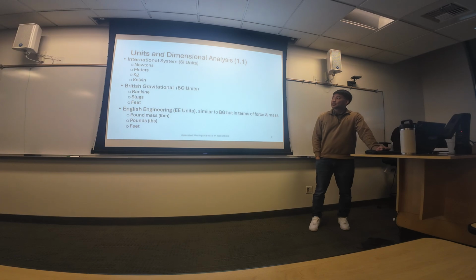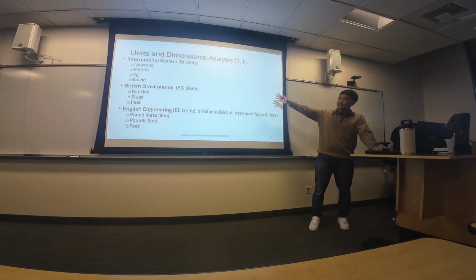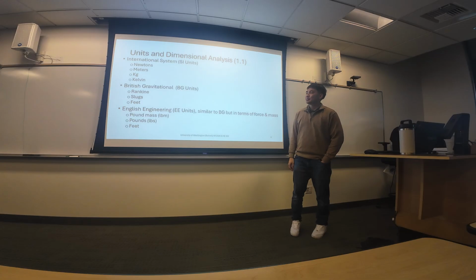Okay, so units and dimensional analysis. I'm not going to go through this because you guys are probably experts at this, right? We're going to try to use all units, at least working here. We're going to use English units, but SI units is my favorite. So you have your normal newtons, meters, kilograms, and Kelvin for absolute temperature, and we're going to go over what absolute temperature is.